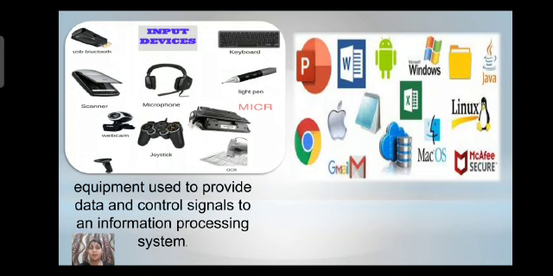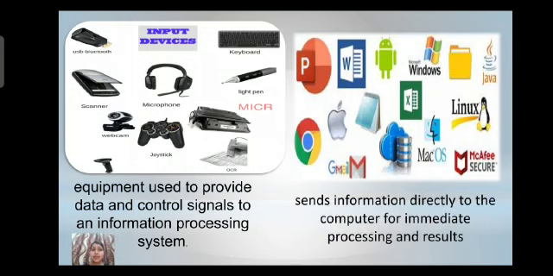What is this? I think these are all the things that we can't touch, isn't it? So these are the software. They send information directly to the computer for immediate processing and result. Okay, directly we take instructions from it and give them to the computer.